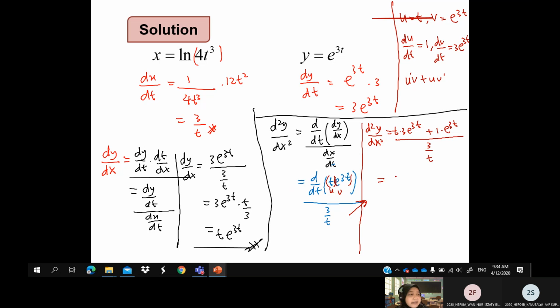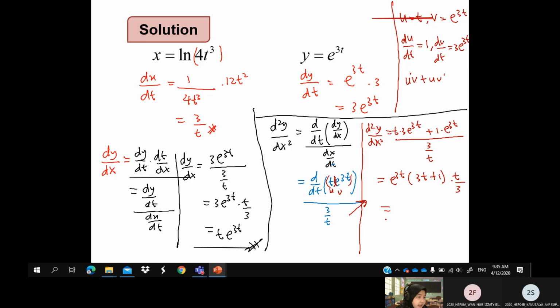Rearrange and simplify nicely. Factorize if you can: this is 3t plus 1, and this one is t over 3.